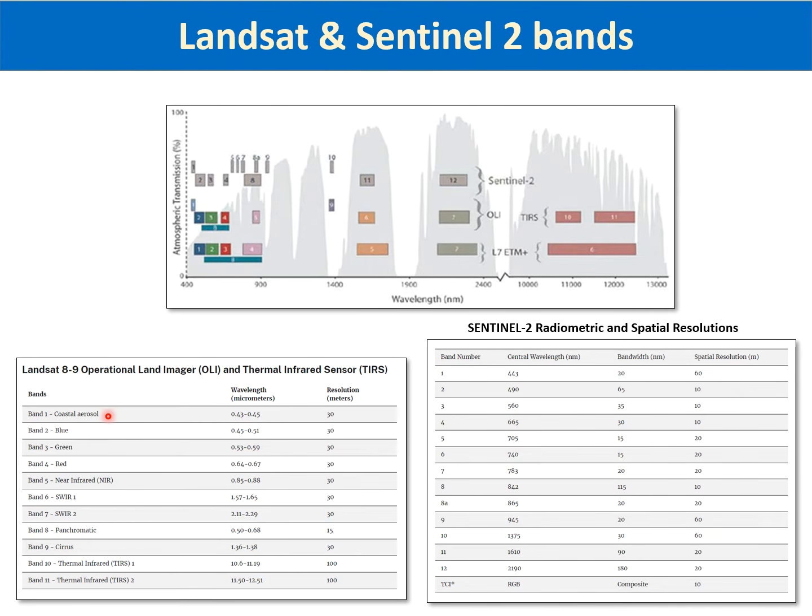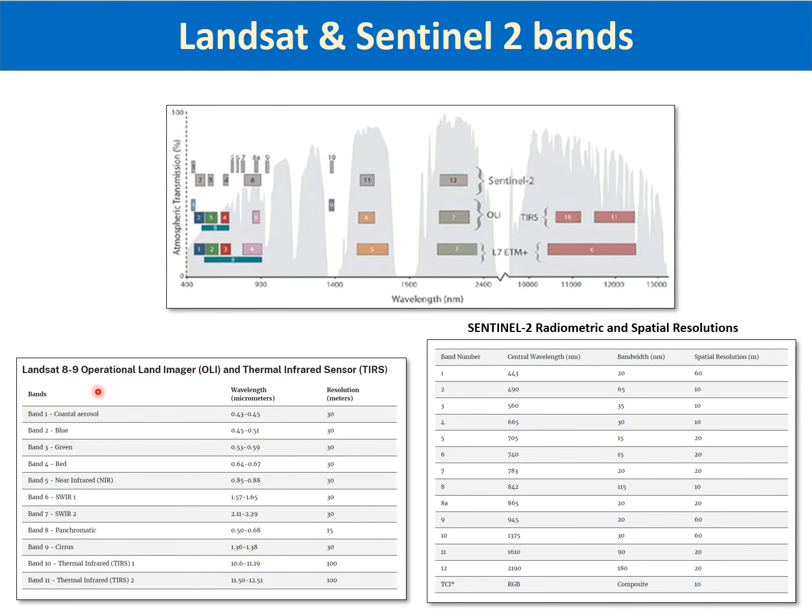The Landsat program was launched jointly by NASA and USGS, United States Geological Survey, in the year 1972, and it has been continuously acquiring Earth images since then. Because of this long temporal series, it is very valuable for change detection studies. The spatial resolution is 30 meters for most of the bands.